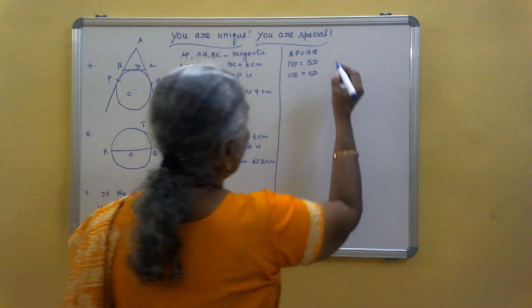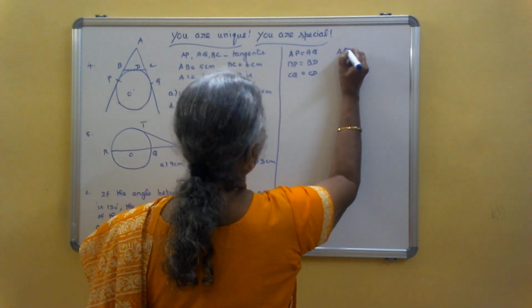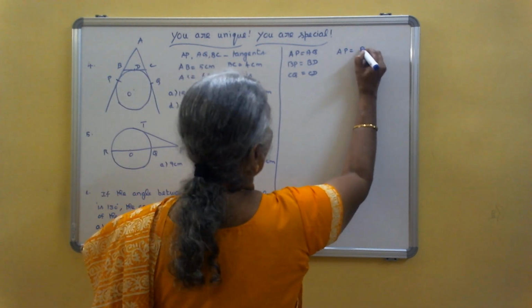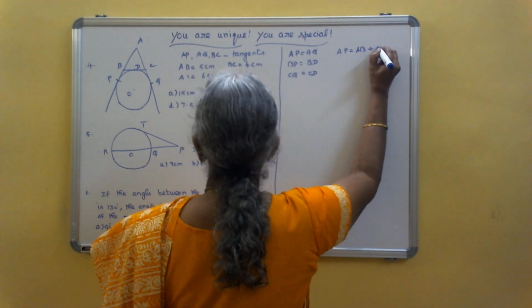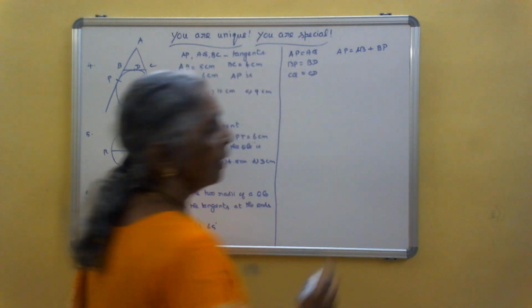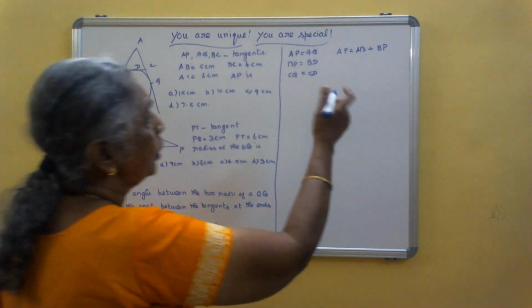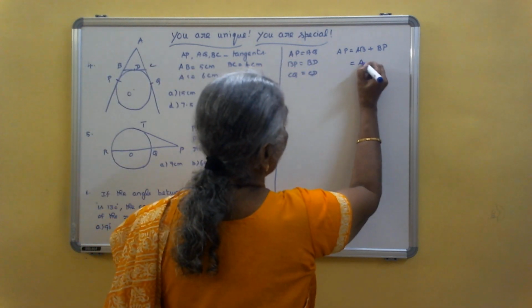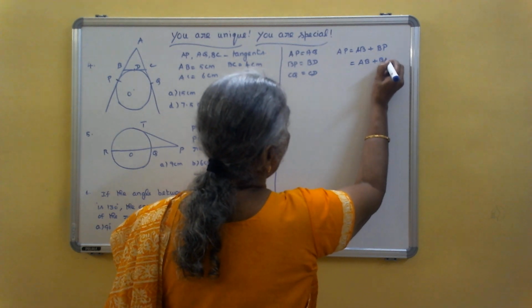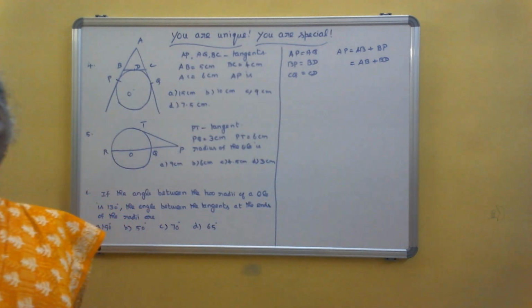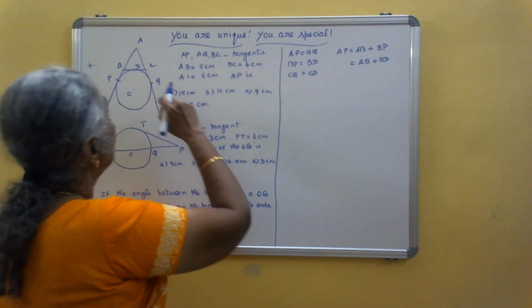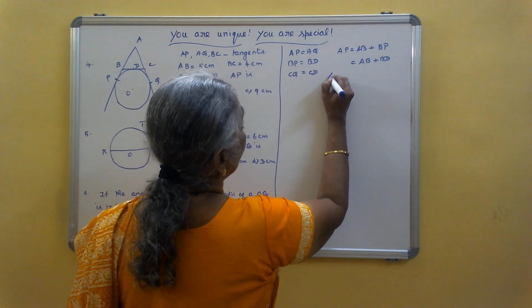Now you can write AP is equal to AB plus BP, isn't it? From the figure it's very clear. Now BP is equal to BD, so you can write this is AB plus BD, right? Now you come to AQ.